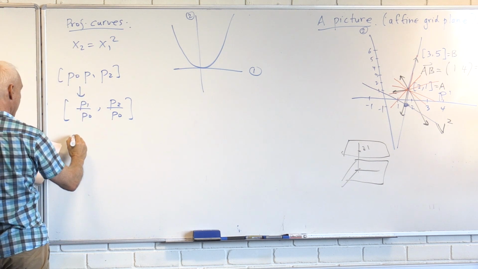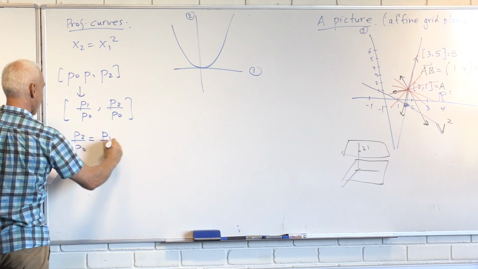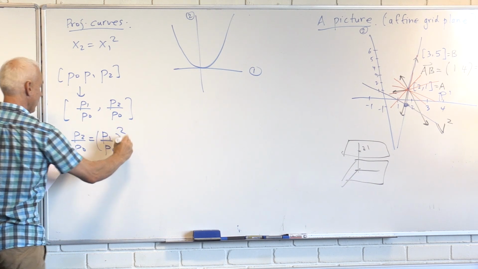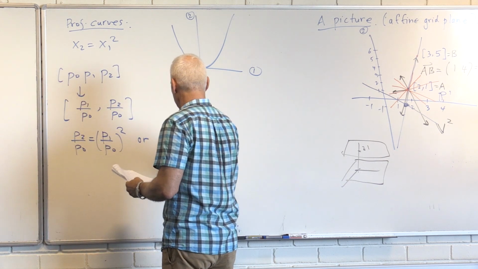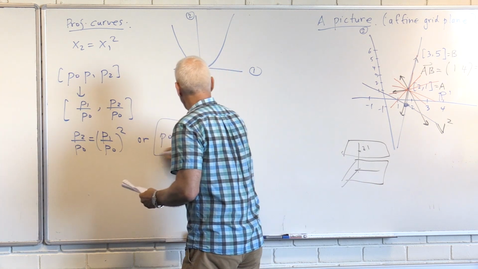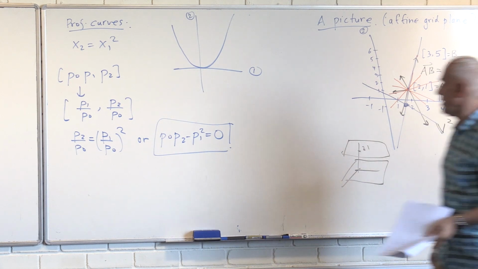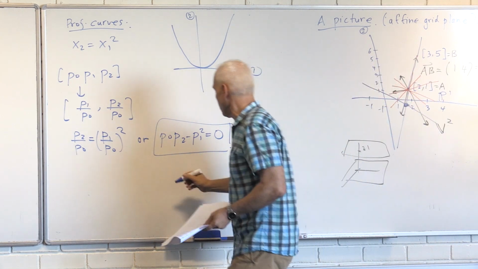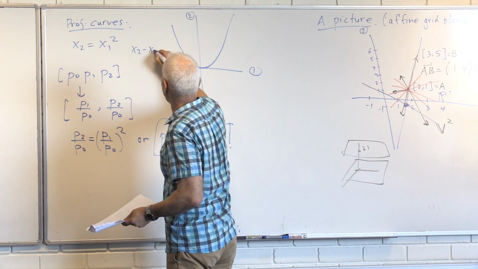We should have P2 over P0 equals P1 over P0 all squared, or P0 P2 minus P1 squared equals 0. That's the projective version of this equation over here, x2 minus x1 squared equals 0.